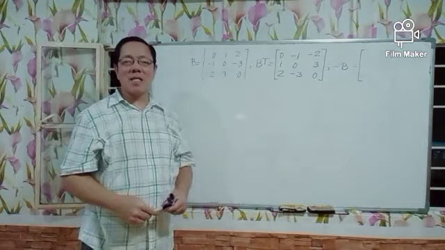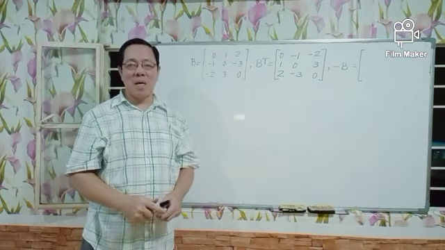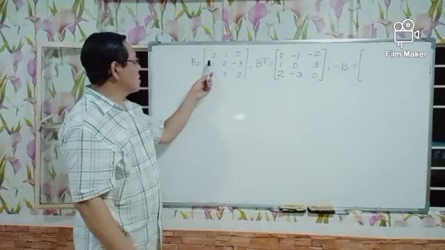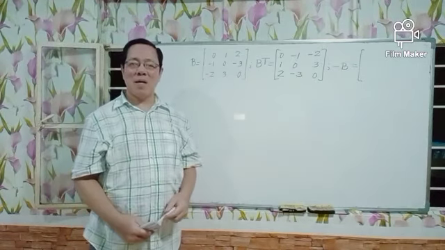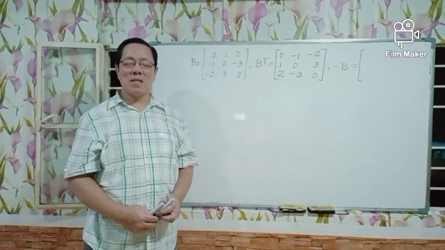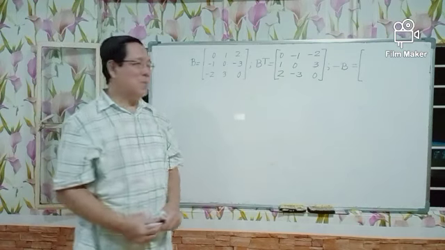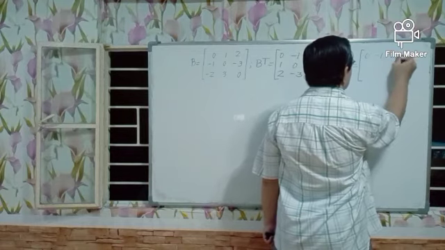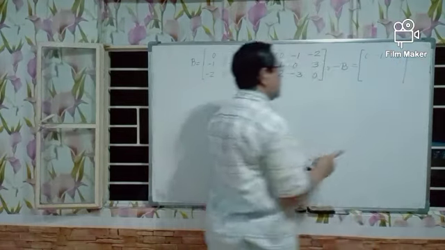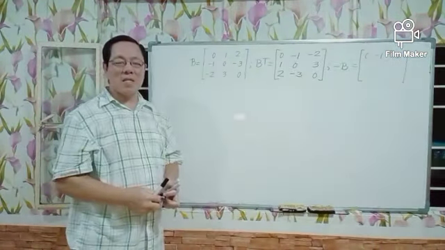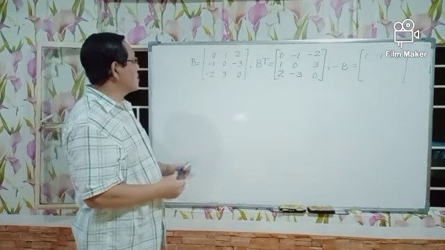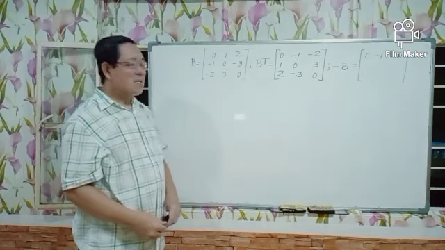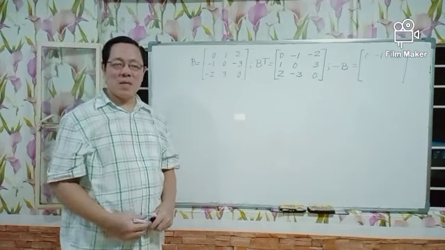And the last row of matrix B, negative 2, 3, 0, we write as the last column of B transpose. Now we get the negative of matrix B by multiplying each entry of matrix B by negative 1. 0, 1, 2 multiplied by negative 1, we get 0, negative 1, negative 2. And the second row of matrix B, negative 1, 0, negative 3, we multiply by negative 1, we get positive 1, 0, positive 3.